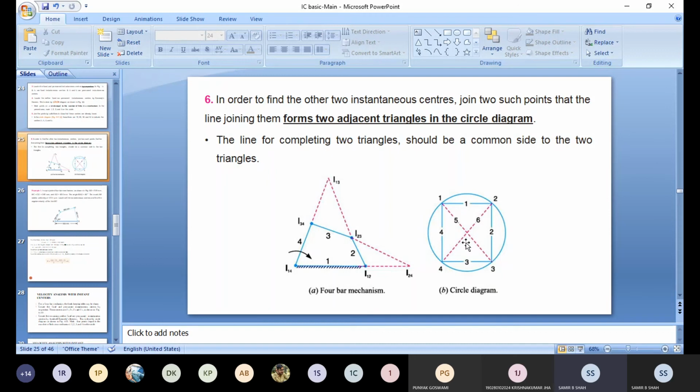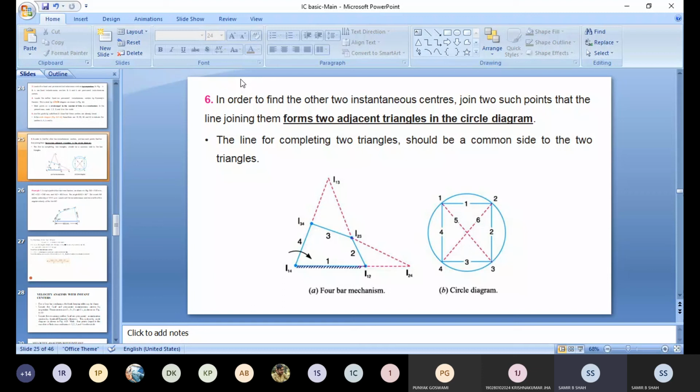If I join 1 with 3 and 2 with 4, the line completing the 2 triangles should be a common side to the 2 triangles. So we are getting the 5th IC center and 6th IC center, which are on lines 1-3 and 2-4. So the possibility of creating 6 points is in this way.